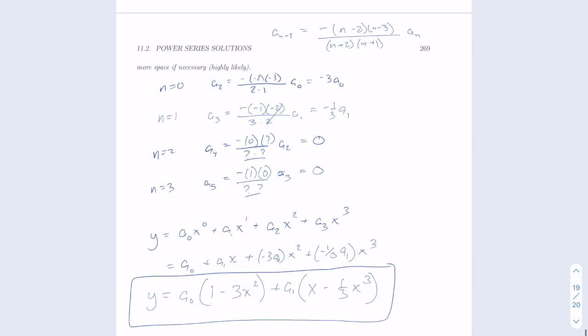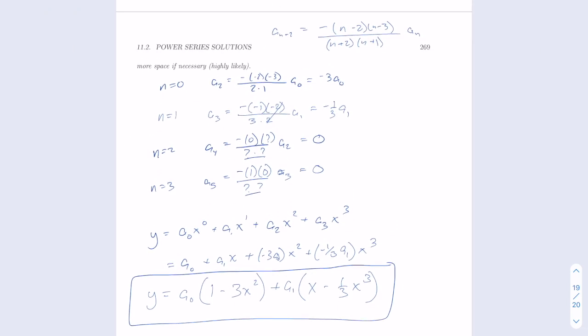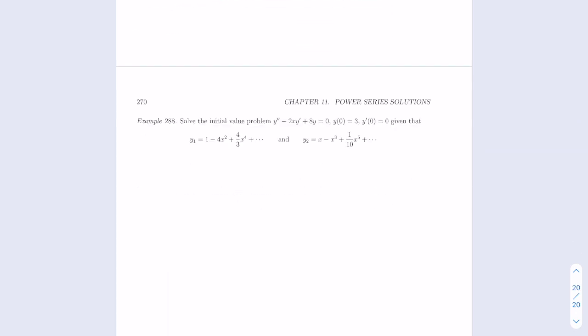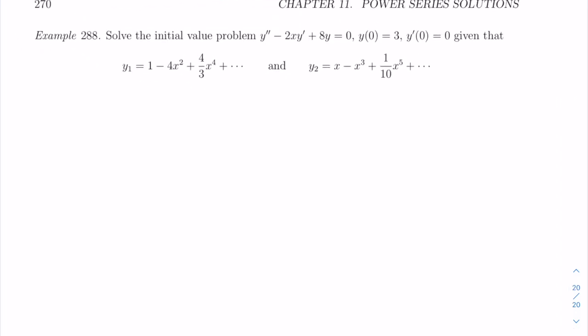Speaking of initial conditions, what happens if we had some of those? And this will be our last example here. Solve the initial value problem, if y of 0 equals 3 and y prime of 0 equals 0. Now, we're going to just kind of skip to the end here, right?